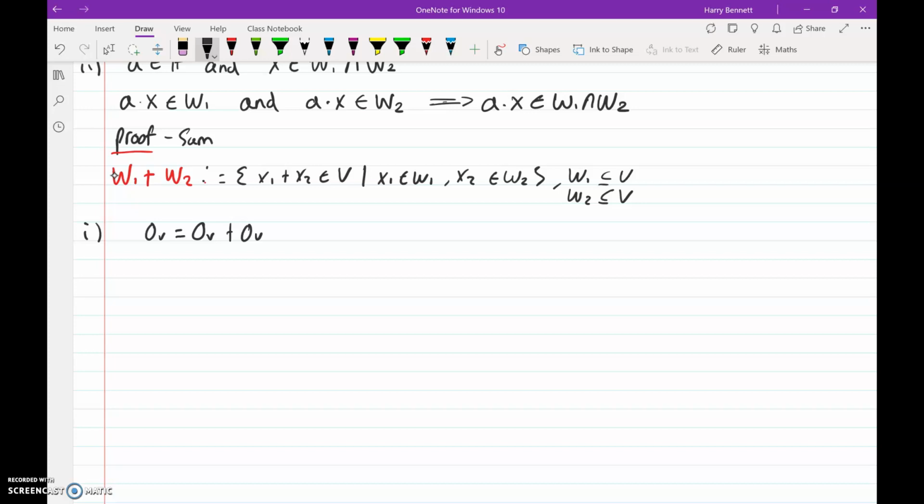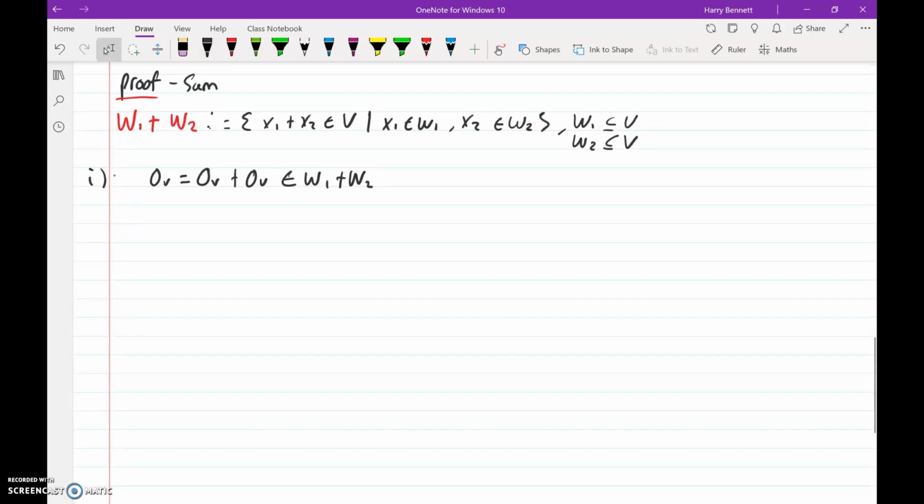And because these are subsets of V, we know that W1 must contain the zero vector, and W2 must also contain a zero vector. But if you've done a bit of group theory, then you would know that... let me draw a little sketch here for you. So here's V, here is W1, and here is W2. Now, let me just explain.